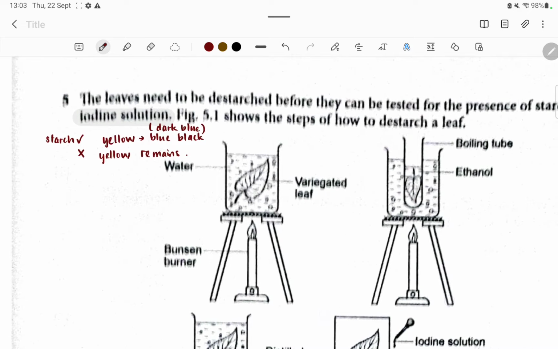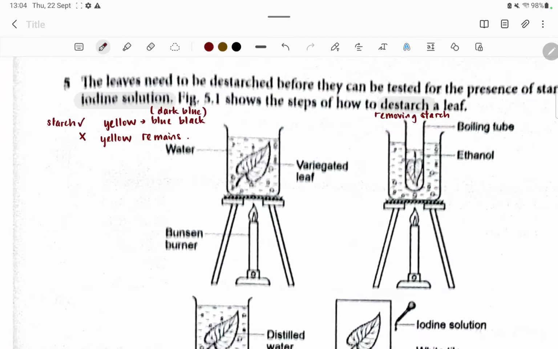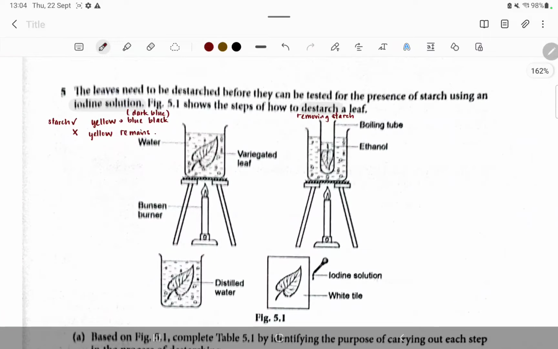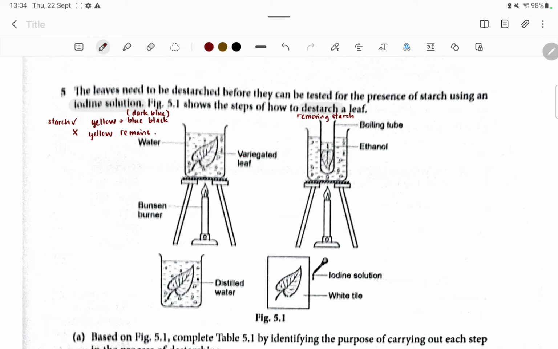Okay, so this one is the starch. Destarching basically means removing starch. Okay, you can see that the water over here, they heat, or you can say they cook the leaves, using a Bunsen burner, and then after that they put it inside a water bath. They put the leaf into ethanol and then put the test tube inside the boiling tube.